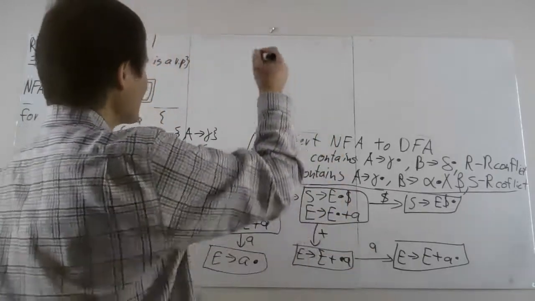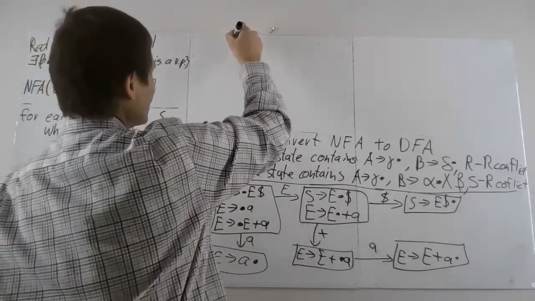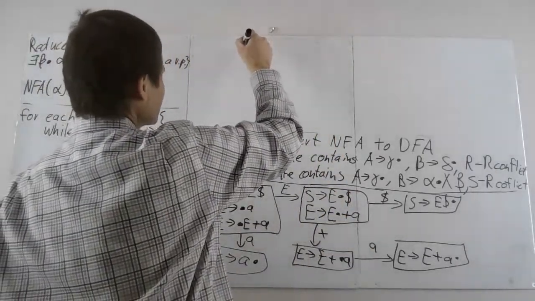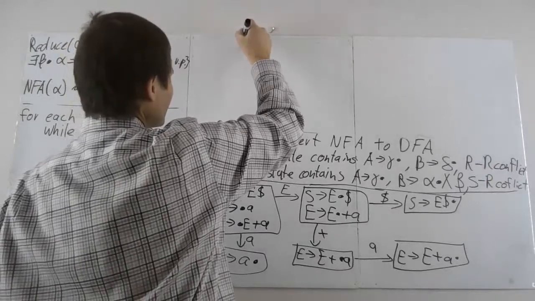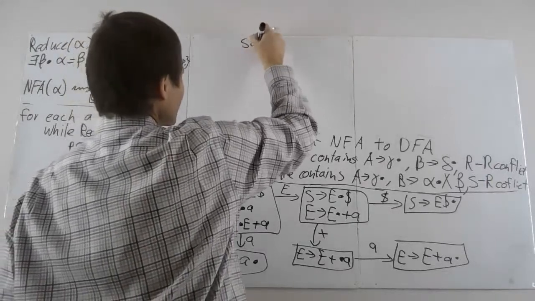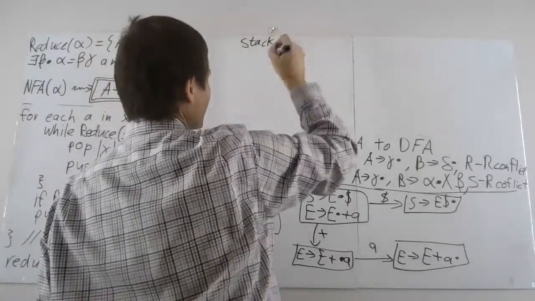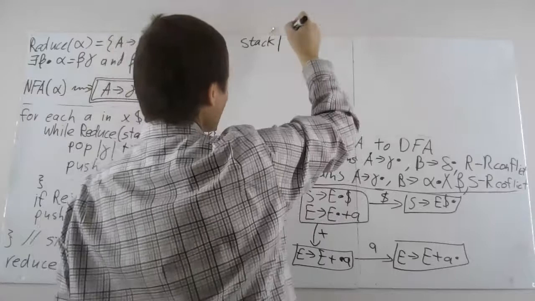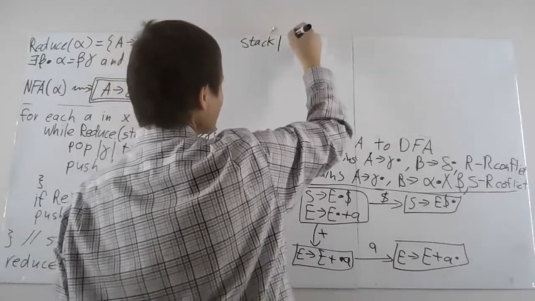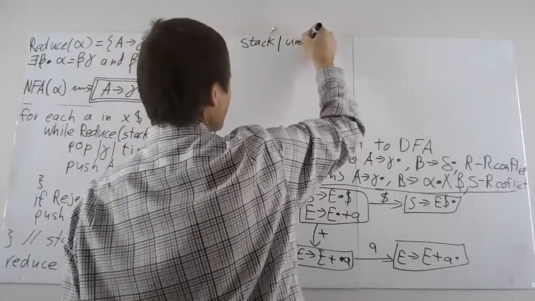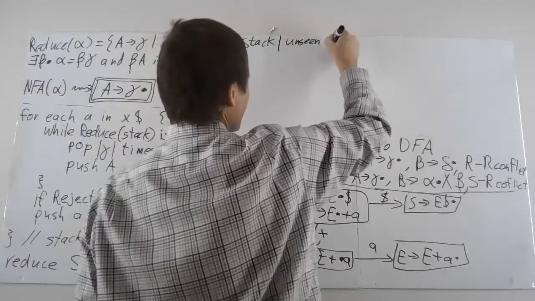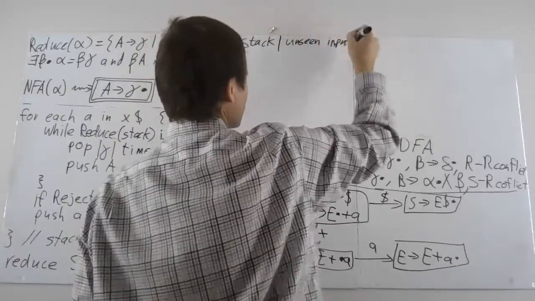So okay, we had the example before of A plus A, and I'm going to use this notation where the current step in my derivation is represented by the contents of the stack and the unseen input. So the rest of the input.